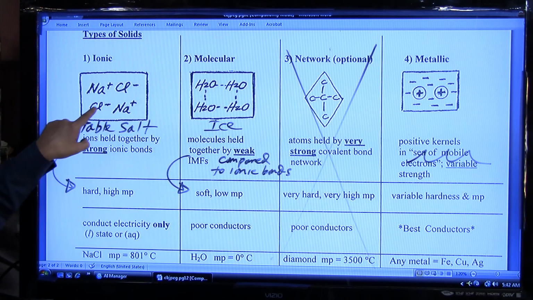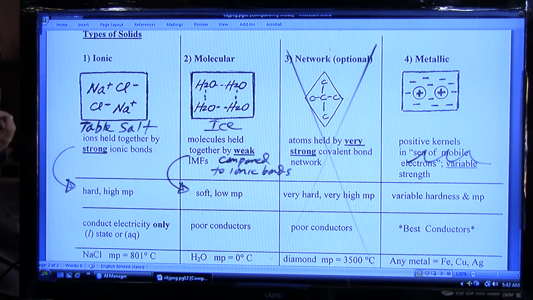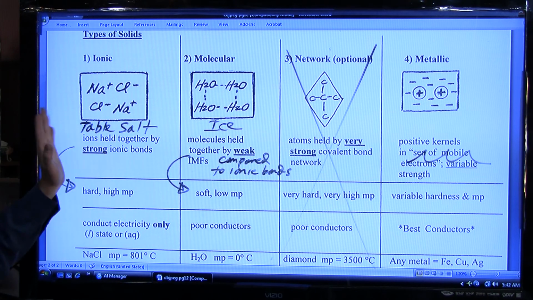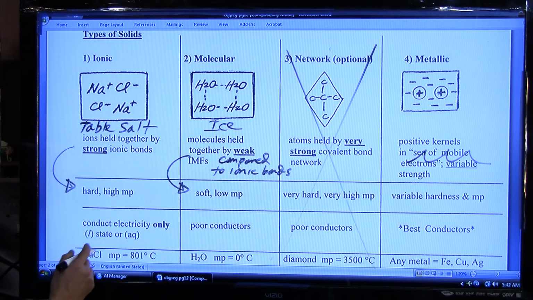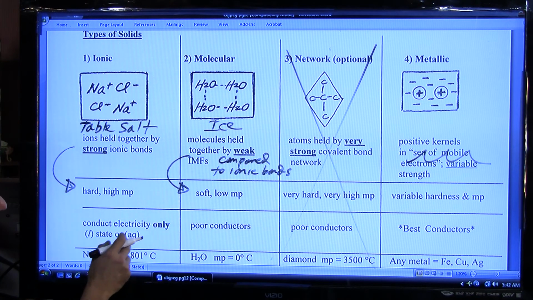Now, because we see the positive and negative charge here, you're likely to think that ionic bonds, or ionic solids better said, are good conductors. Well, that's not true. While they're in the solid state, these charges aren't free to roam. So in order for an ionic compound to conduct electricity, it has to be in the liquid state or aqueous state to conduct. And that is a very common question.